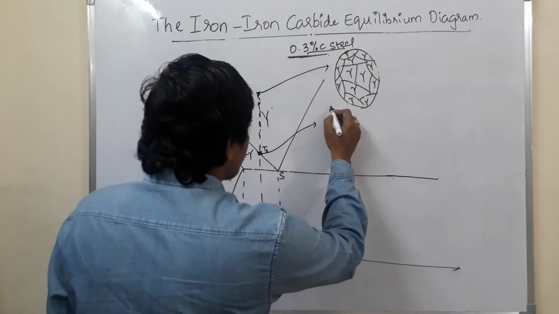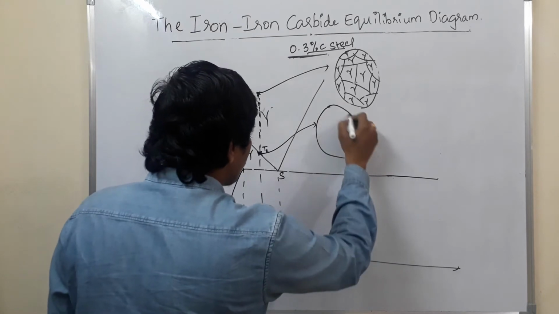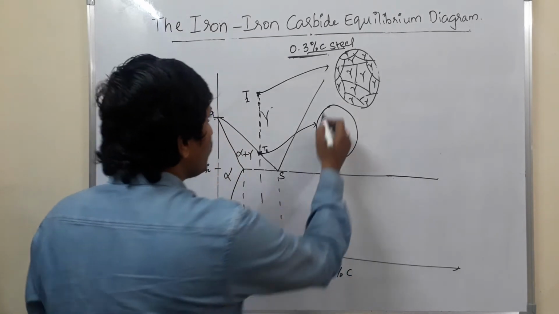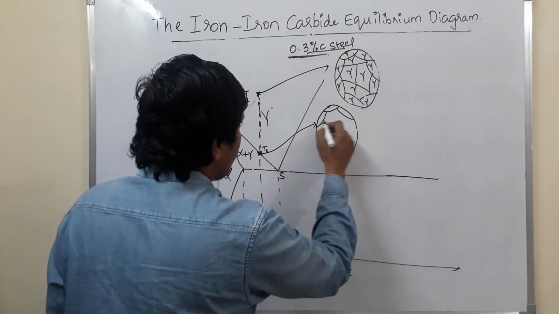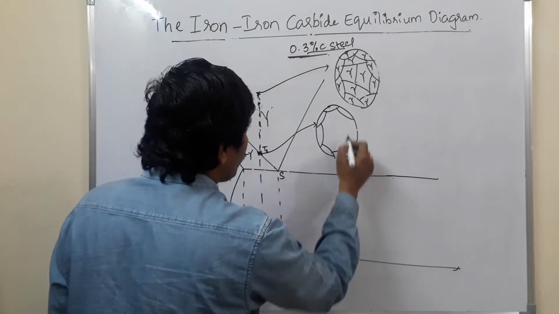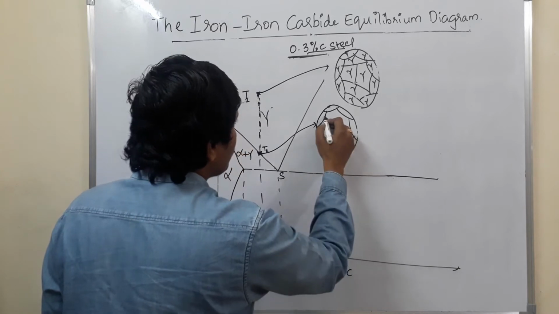How does the microstructure look? At this point T2, ferrite starts forming along the grain boundaries of austenite.